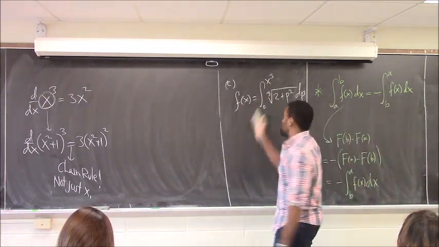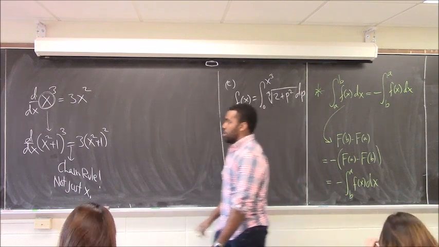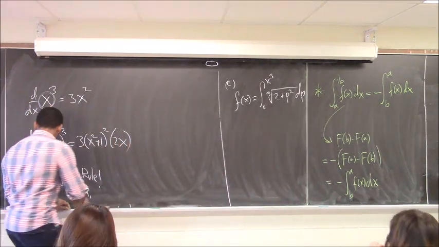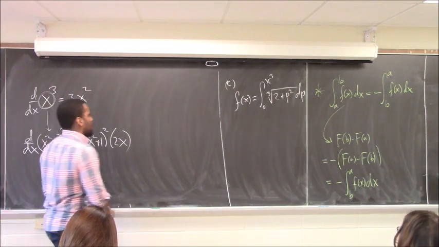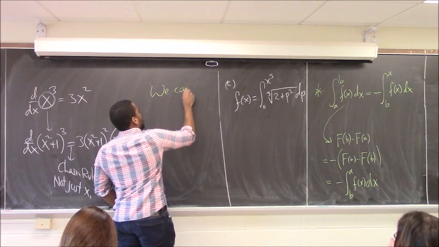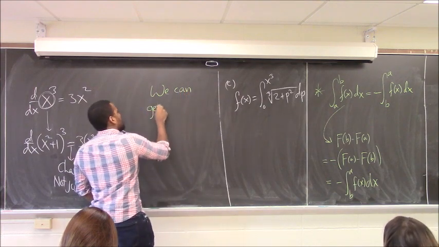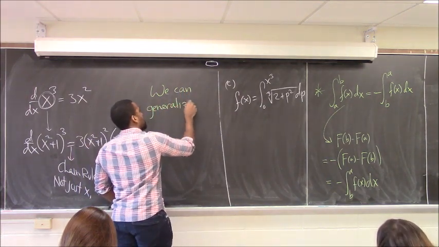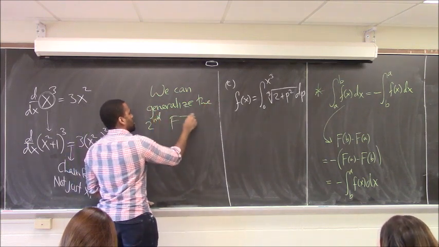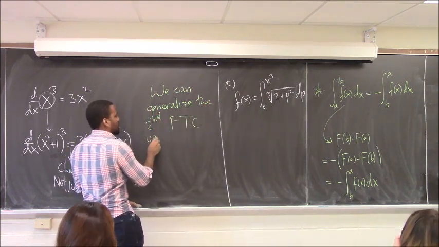So it's not just that you plug in that x cubed, you have to now multiply by its derivative. So that's another rule. We can generalize the second fundamental theorem of calculus using the chain rule.